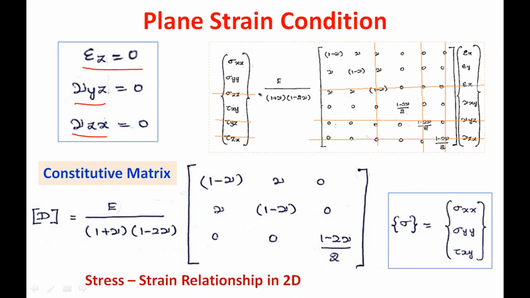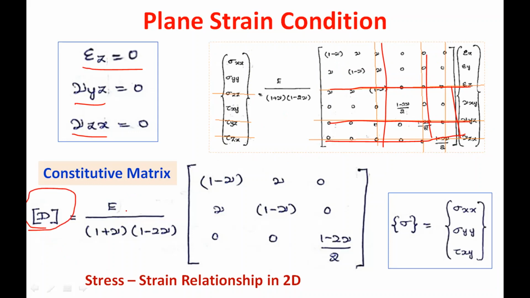So in the three-dimensional stress strain relationship equation, we can eliminate the corresponding rows for epsilon z, gamma yz and gamma zx, and the corresponding columns.